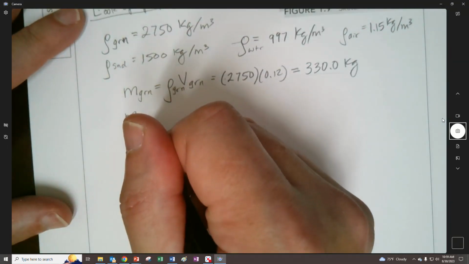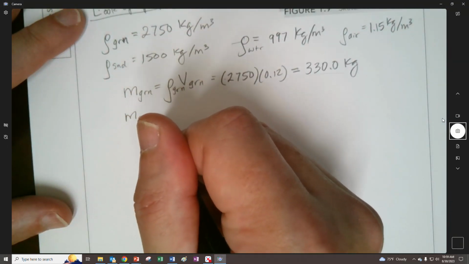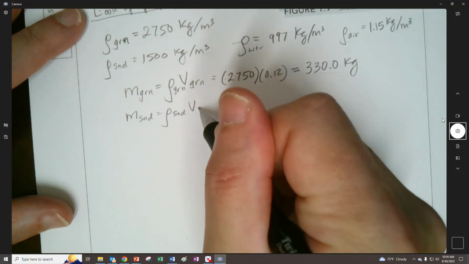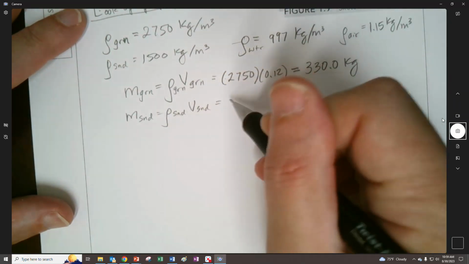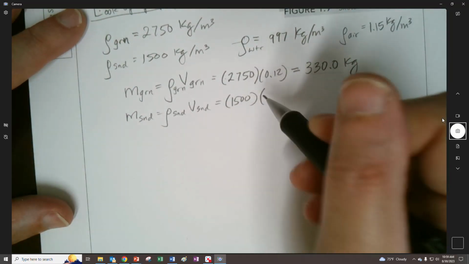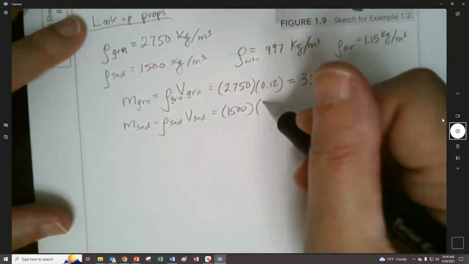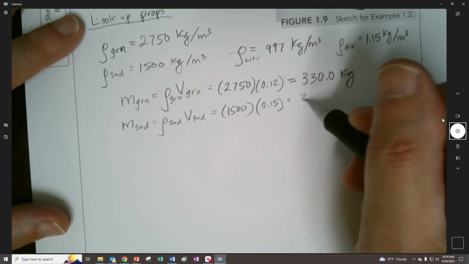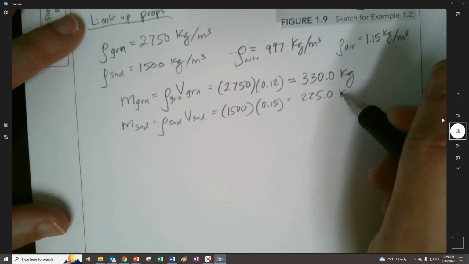Don't get lazy. The mass of the sand is the density of the sand times the volume of the sand, or what did I say, 1500, and the volume is 0.15. So 225 kilograms.